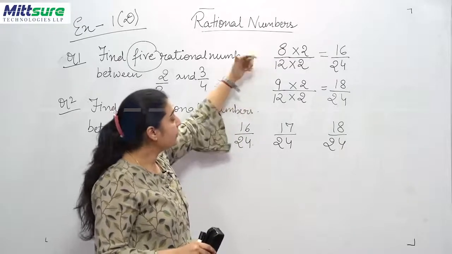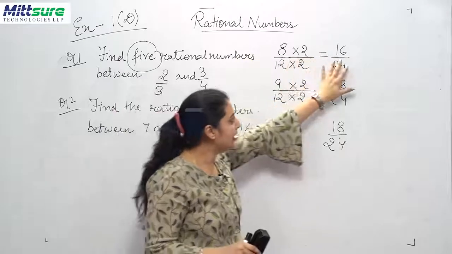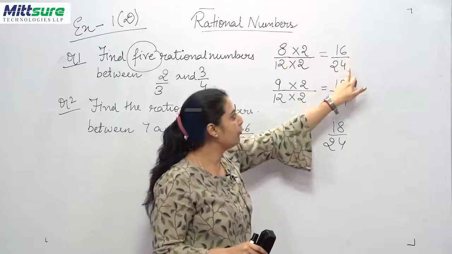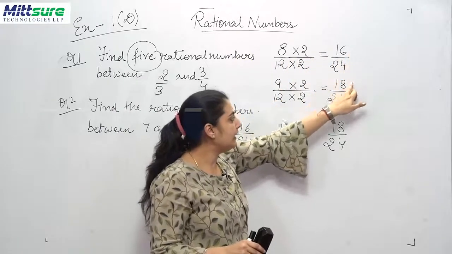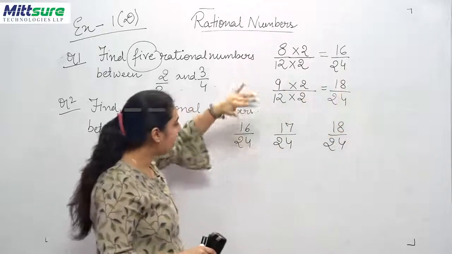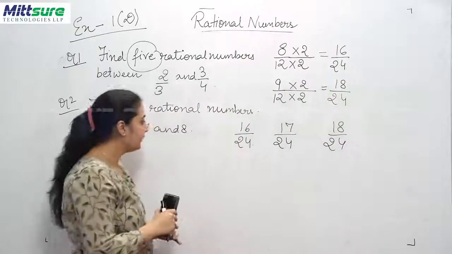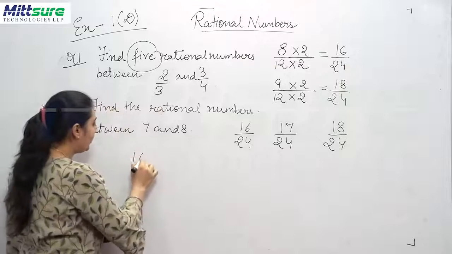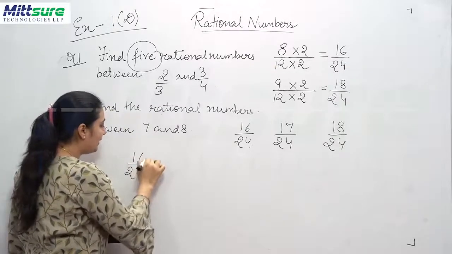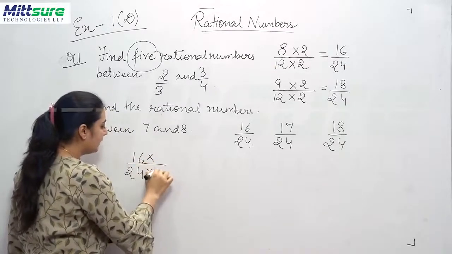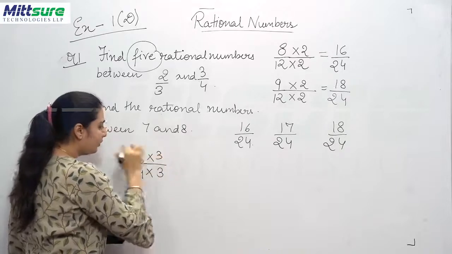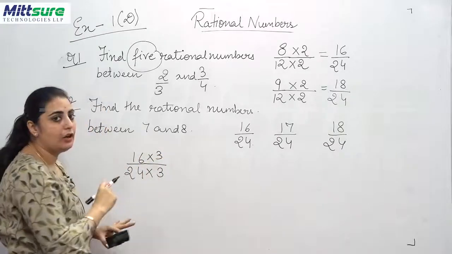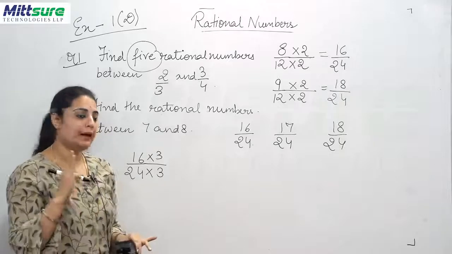Now after getting 16 upon 24 and 18 upon 24, I will multiply again. 16 upon 24 will be multiplied by 3. Numerator and denominator both will be multiplied by 3.